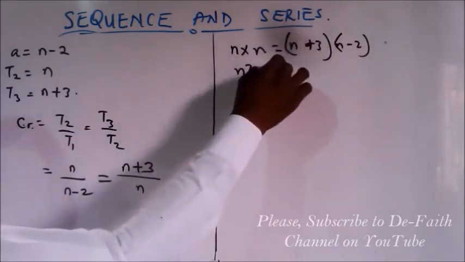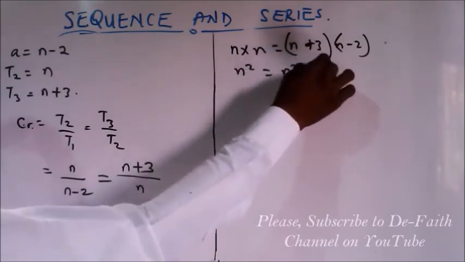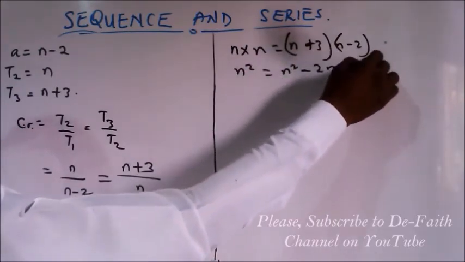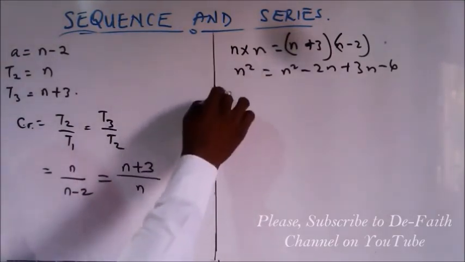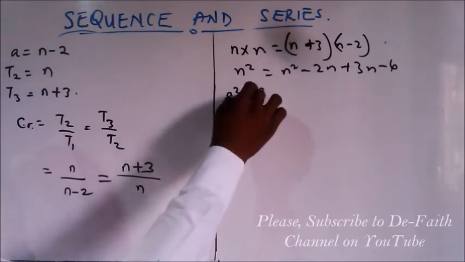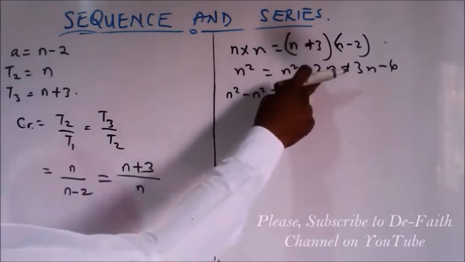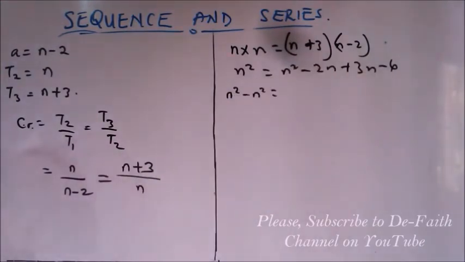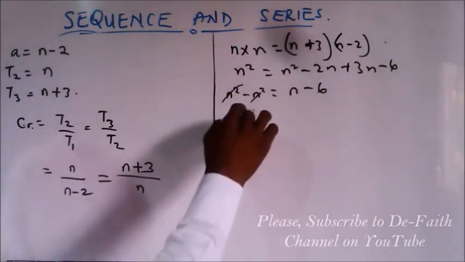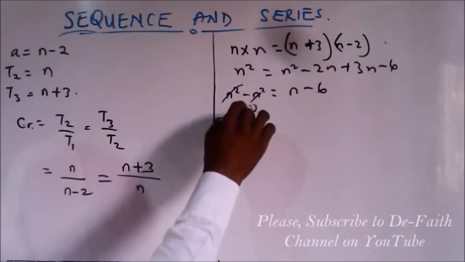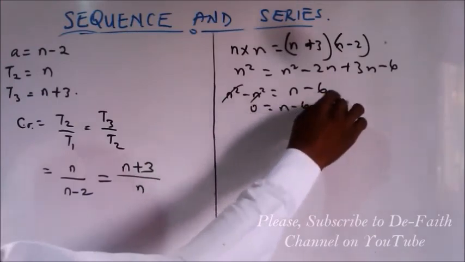N times n here is n squared minus 2n plus 3n minus 6. Next is we collect like terms. We could have here as n squared minus n squared equal to minus 2n plus 3n. Here we have n minus 6. And so this cancels out. And we are left with 0 equal to n minus 6. So n equal to 6.